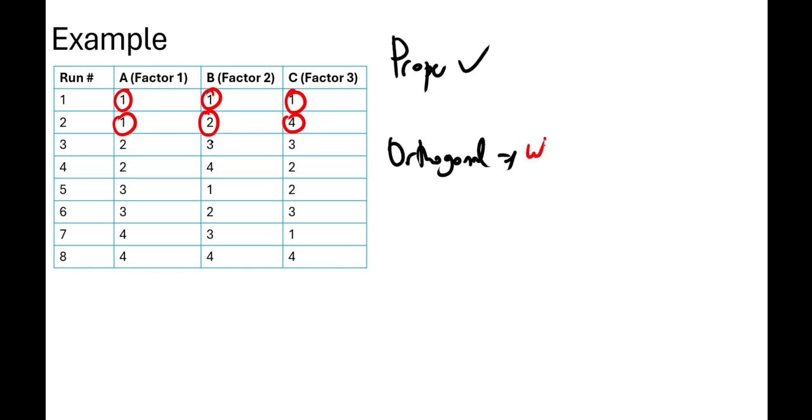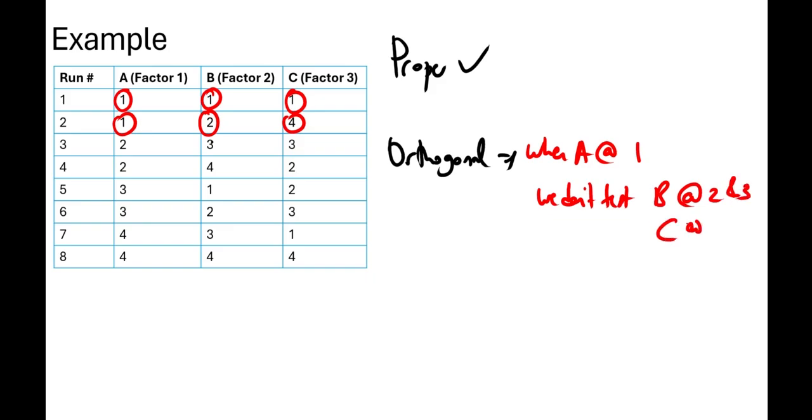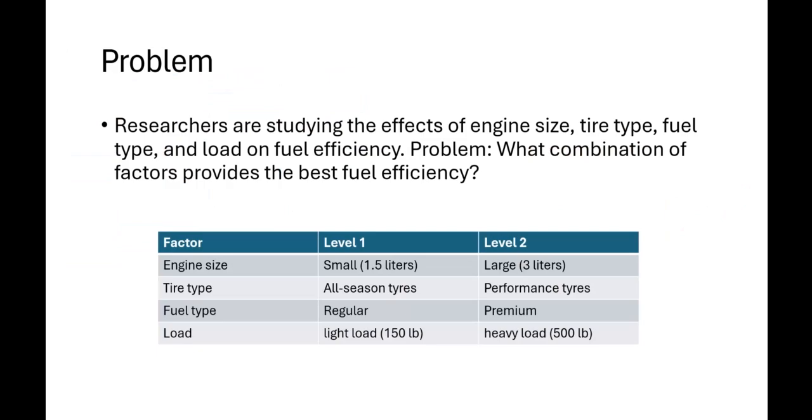So we don't test B at 2 and then 3, and C at 2 and then 3. That's the reason that this is not orthogonal. You can check other parameter levels as well. Then we will talk about the problem solution using fractional factorial.